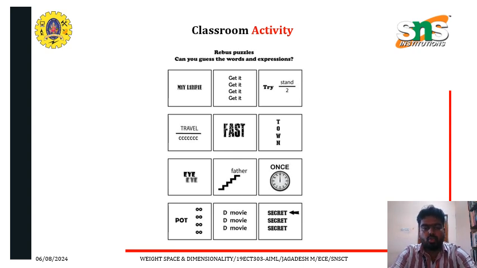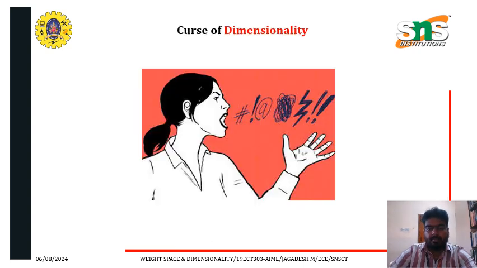When you combine these two words, the sentence will be framed like "forgot it". So like that you have to observe the image and tell the answer for each box.